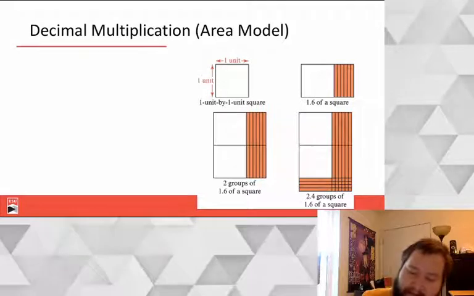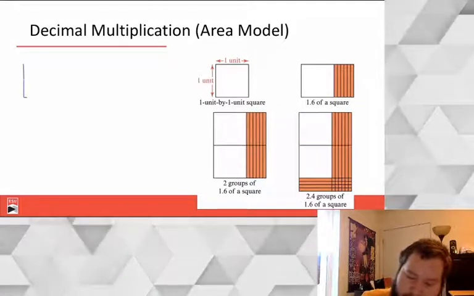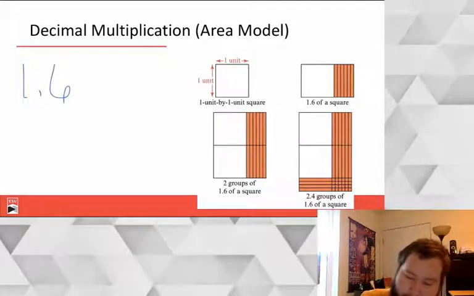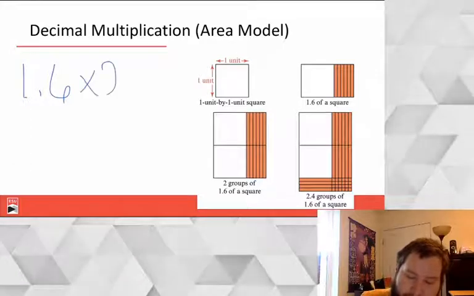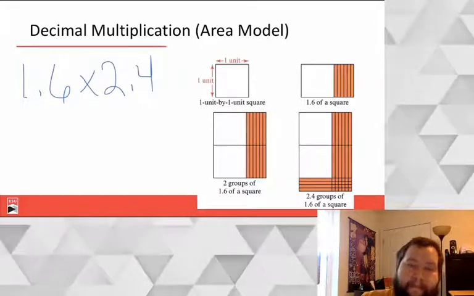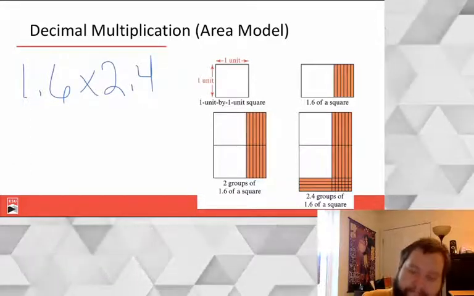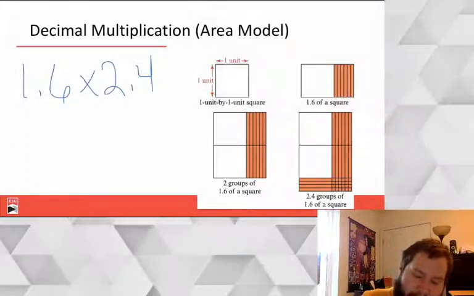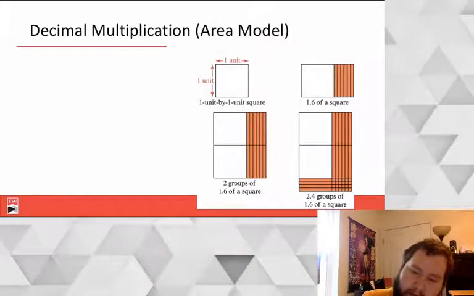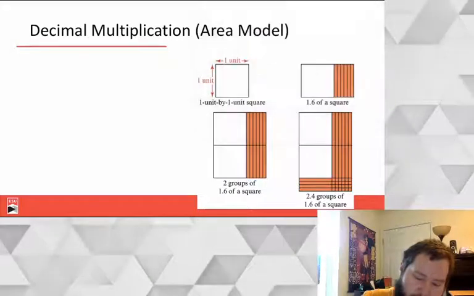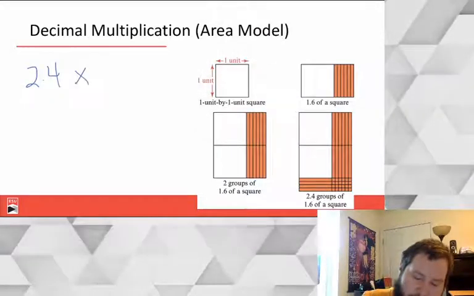And so for this example, we have 1.6 times 2.4, or rather, let me be precise, we have 2.4 groups of 1.6.